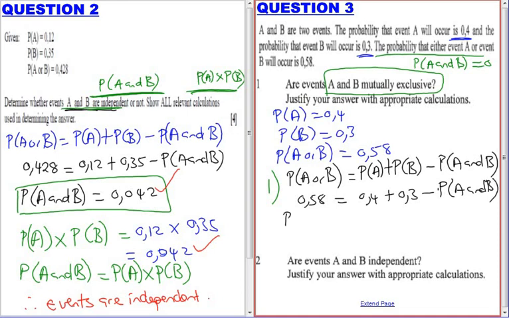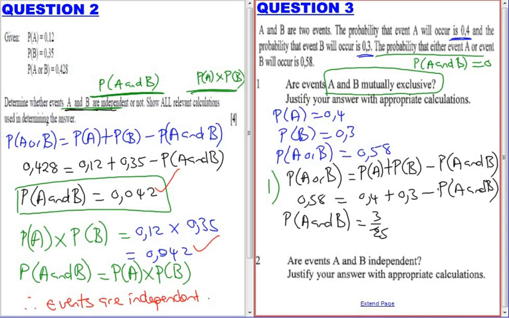Let's see if we'll get a 0 or not. You want to say 0.4 plus 0.3, and then subtract 0.58. So I'm getting 3 over 25 here, and 3 over 25 is definitely not equal to 0.